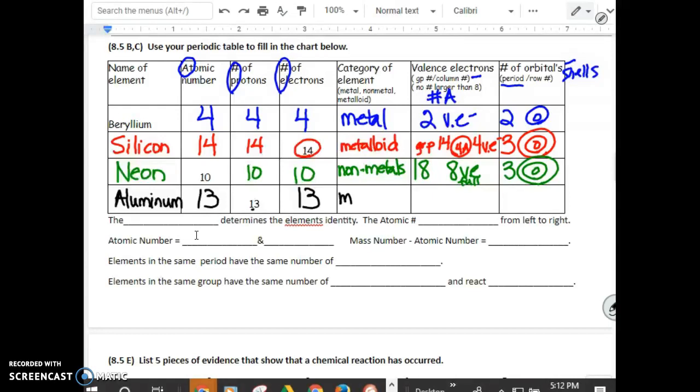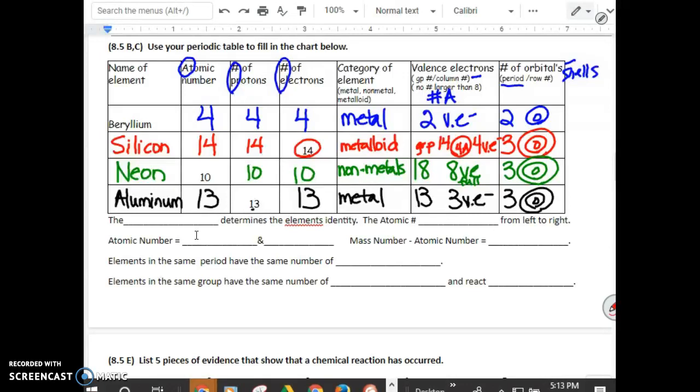So this is actually considered a metal. So this is what all our soda cans are made out of. Aluminum is a metal. It is in group number 13, which means that I have 3 valence electrons. And I am in period 3 as well. So again, 3 energy levels.